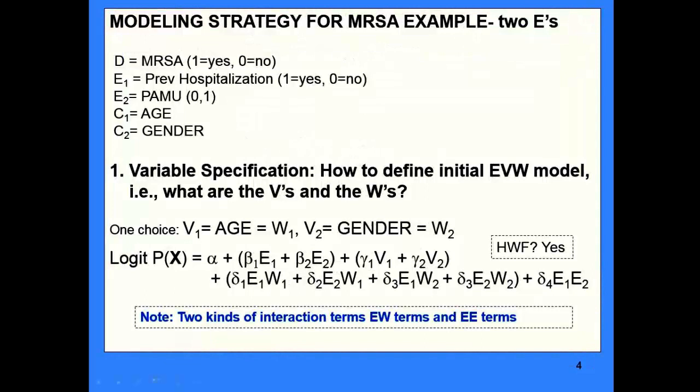That's why there's a double sum. It's more mathematically complicated, but there's E1W1 and E1W2, and there's E2W1 and E2W2. So there are two sums for all possible ways of considering E times W's.